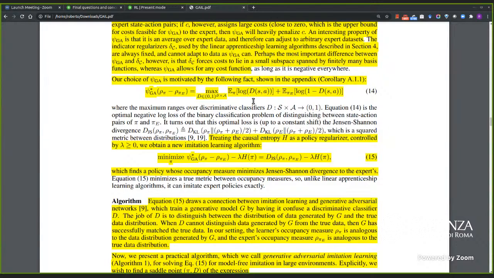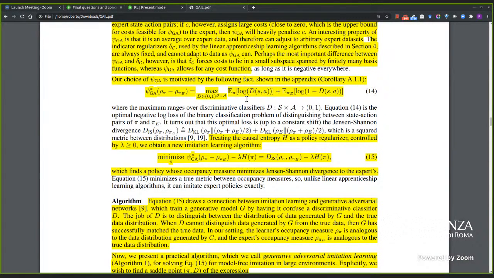This is a log loss, which you should have seen already in the machine learning course. It casts this problem as a binary classification problem, trying to learn to distinguish between the data of the expert and the data of the imitator, let's call it this way, or any other policy.